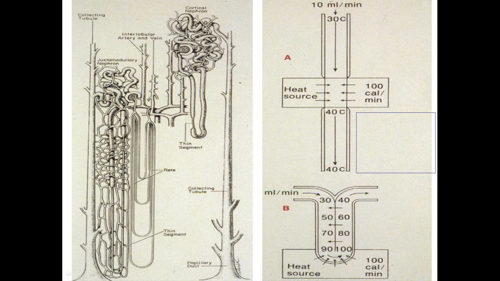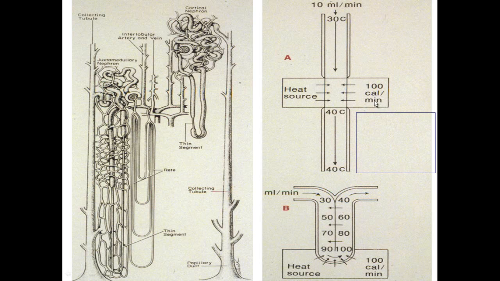and these two nephrons have a little different function. One removes a lot of fluid, and the other one, by having a hairpin loop, you're able to change the osmotic pressure in through there. So what we're seeing here is a heat source, and this is the fluid coming down.